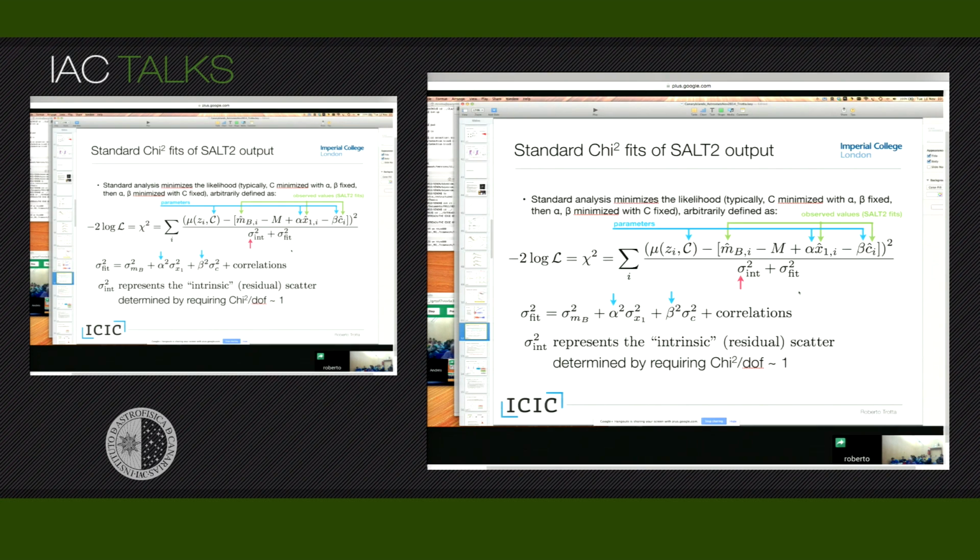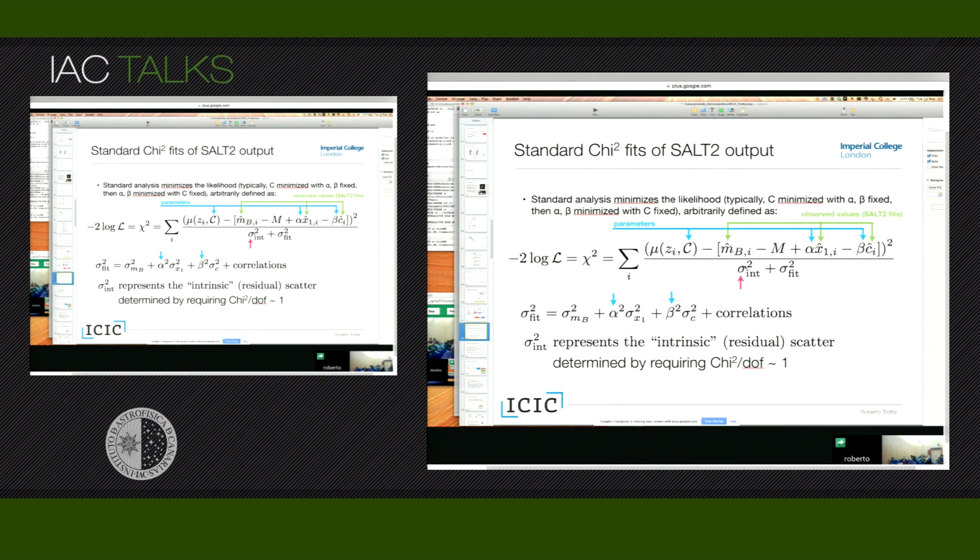And then we'll assign to it an error term given by sigma squared intrinsic. This represents the residual scatter, the intrinsic dispersion of M. That's to say the intrinsic variability of the supernovae after corrections, which is unknown. We don't know what that is. We know that these objects are not all the same and that there will be some residual intrinsic variability that needs to be estimated because we know they're not all identical.